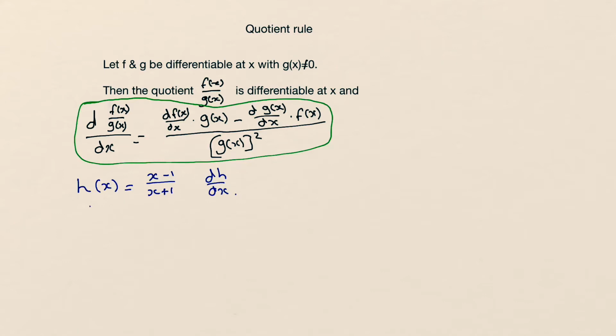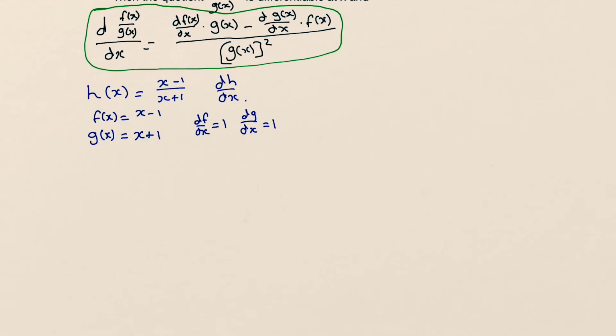So first of all, f(x) is going to be x minus 1, with g(x) being x plus 1, and then we want the derivatives of them, so df/dx is equal to 1, and dg/dx is also equal to 1. From there, we can put it into the formula.